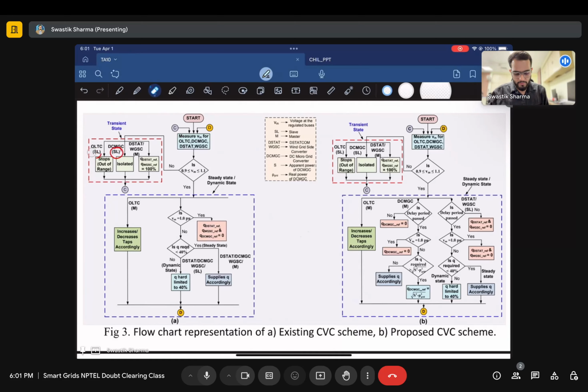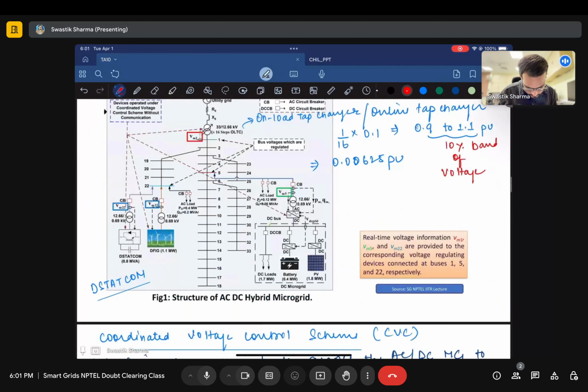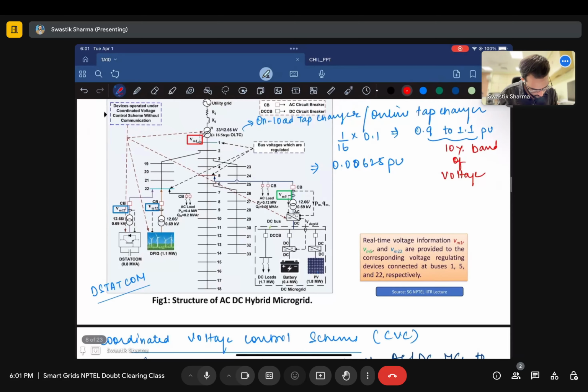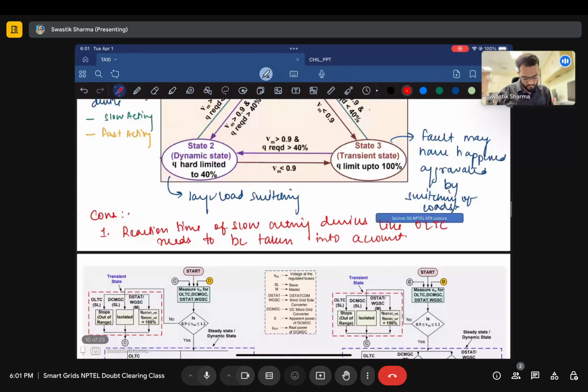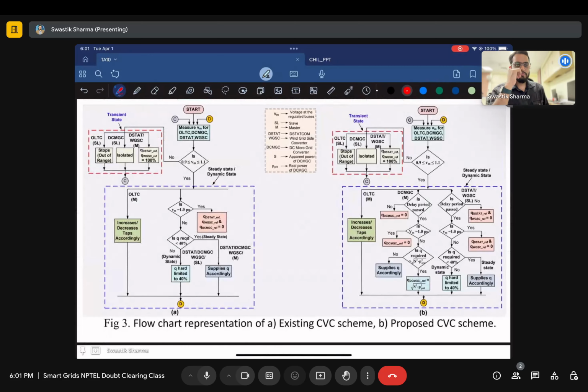In slave mode of operation, they don't produce a change on their own. There is a master which controls whether they produce a change or not. What we do is we make sure that the DSTATCOM and the grid side converter, so what WGSC here is, I think it's a wind grid side converter, I don't know, behave as a master in operation, and you set their reference to 100%.